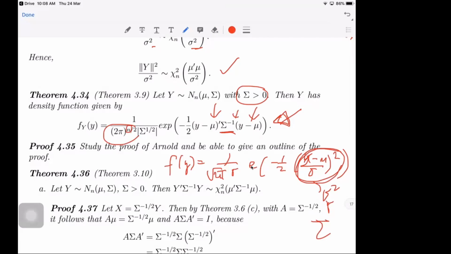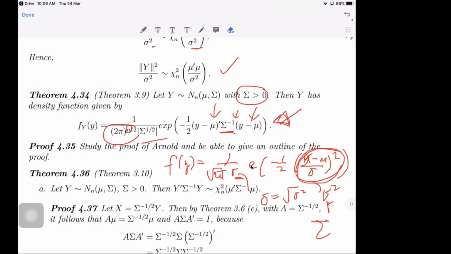So if you multiply 1 over the square root of 2 pi n times, that will be 2 pi raised to the n over 2. And then sigma here is sigma to the 1/2, which is actually the square root of sigma squared.